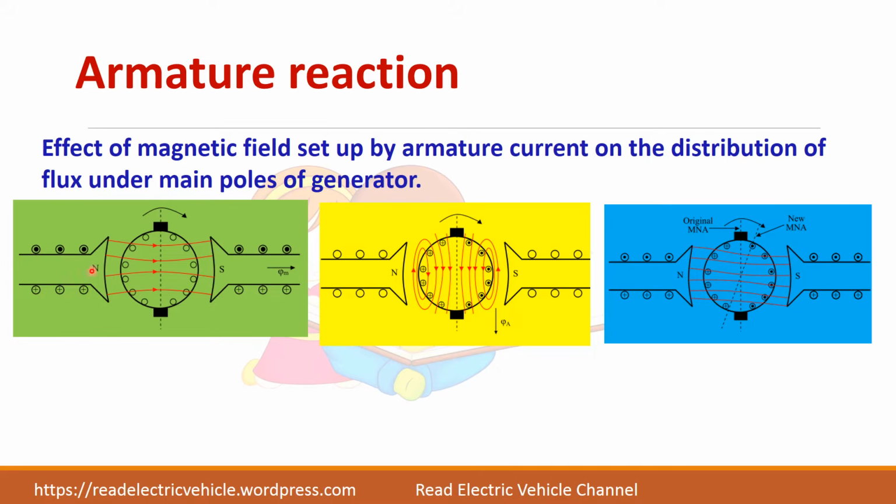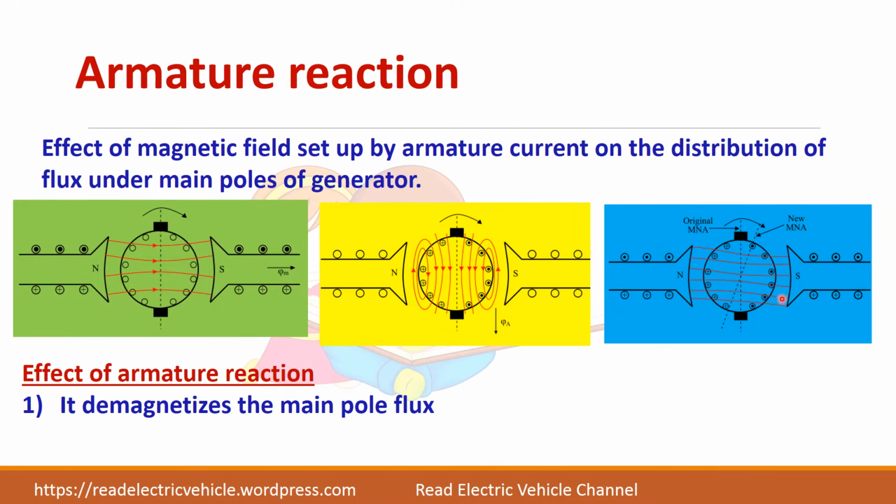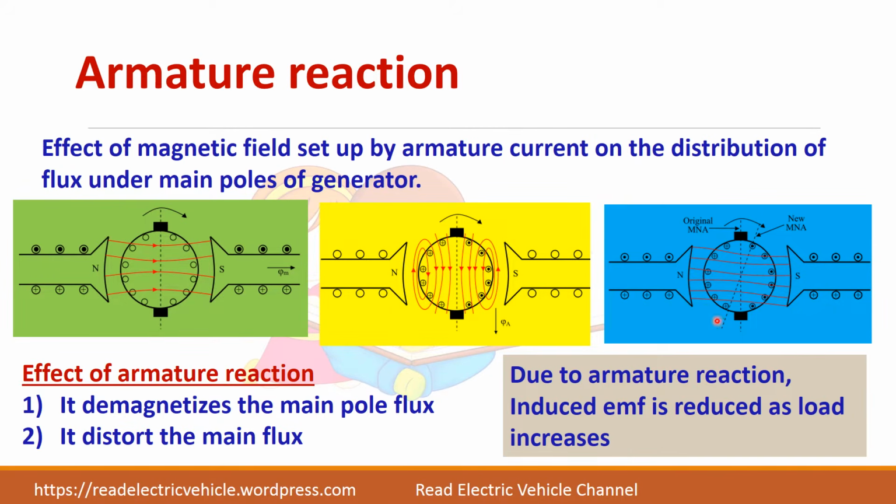You have two magnetic fields. One is set up by the poles, the other is set up by the armature conductors. Due to this armature field, the main pole field is getting distorted. This is called armature reaction. The net effect of this armature reaction is that the induced EMF, the generated EMF, will be reduced as the load increases.